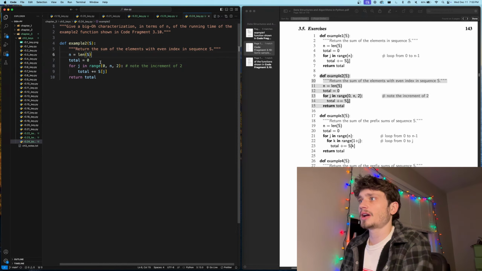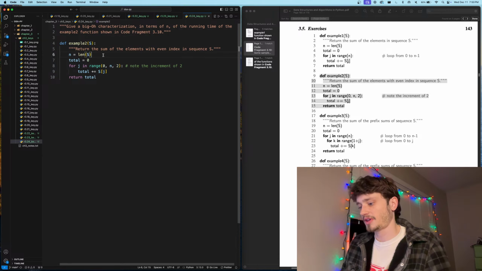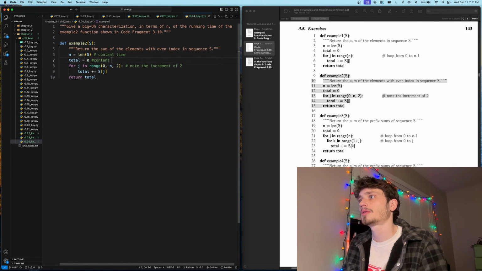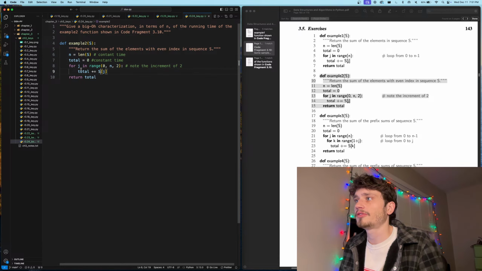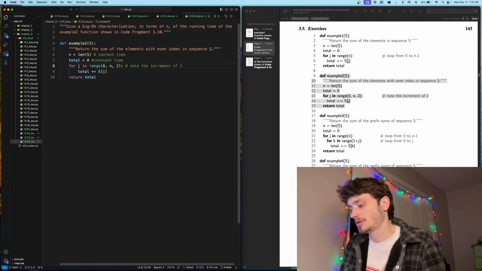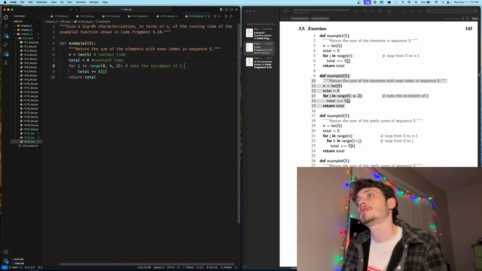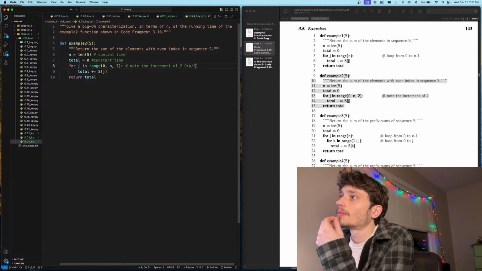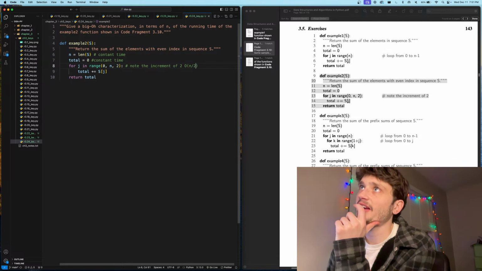Okay, so now let's go through this function here. Example 2. So we have this, which is constant time, right? This is constant time. For j in range of 0 to n with a skip of 2, an increment of 2. We're skipping 2 every time, so this would be O of n divided by 2. Now it's not a log because we're not dividing further after every iteration.